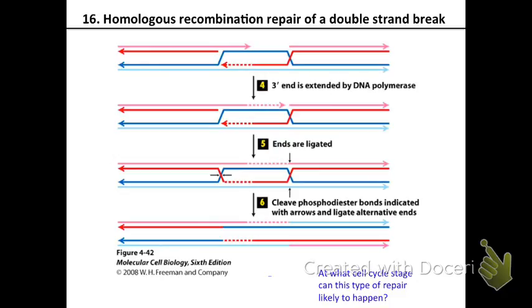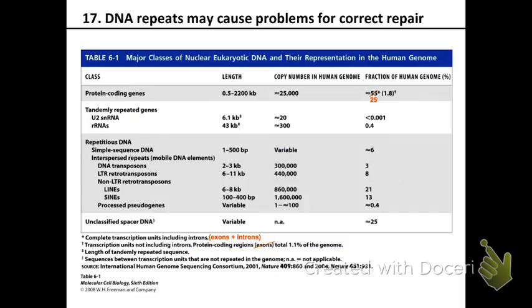And the easiest time to find homology is when the two sister chromatids are next to each other, right? So if this damage happens in G1 or some other stage where homology finding is very difficult, you use another mechanism of double-strand break repair, which is prone to more problems.